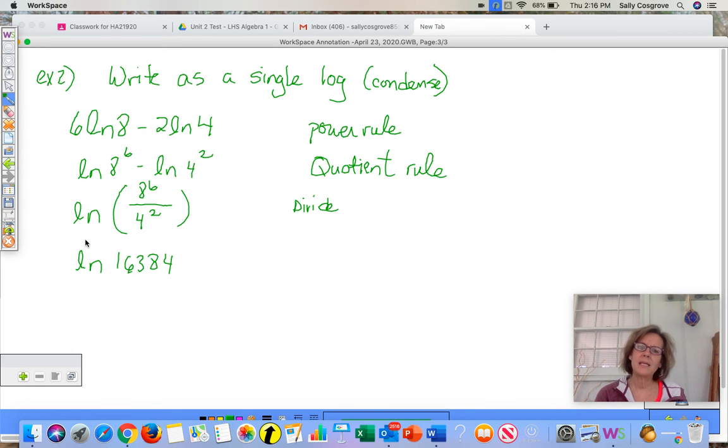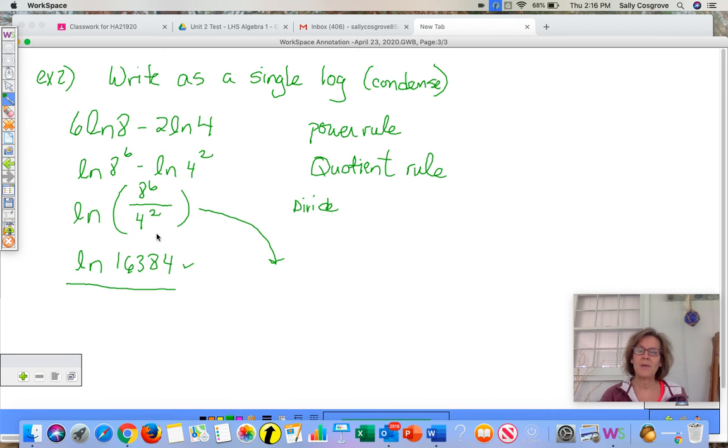And again, is that written as a single log? It is. Is that technically correct? Yeah, it is. But when you look at this, you're like, oh man, that's a big number. I wonder if I could write that using a base and an exponent. And you could. So would I accept this? Yes, I would. But I'm going to show you another way that we could do it, that you actually can simplify this a little bit.